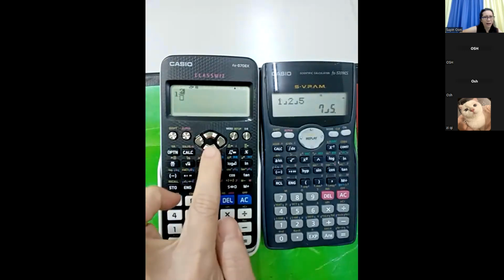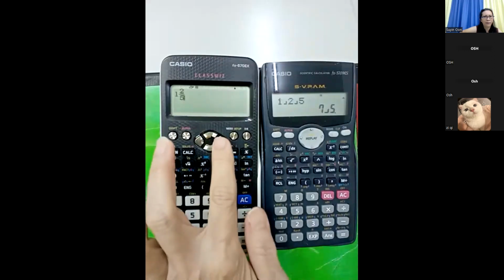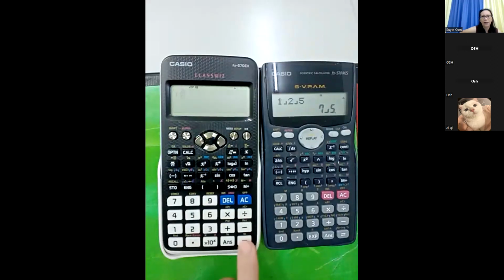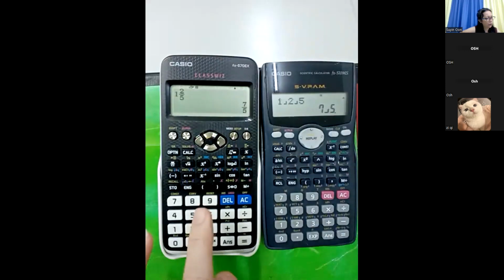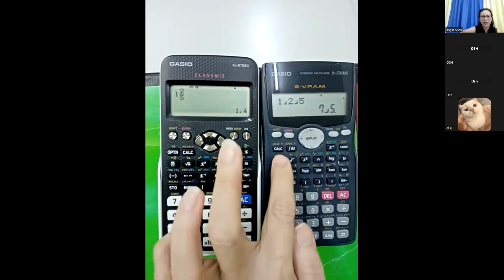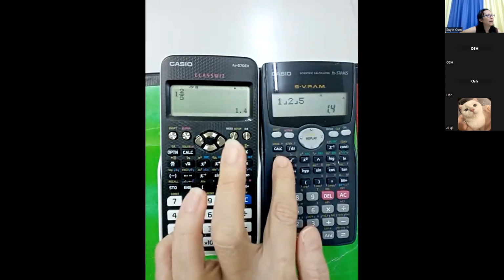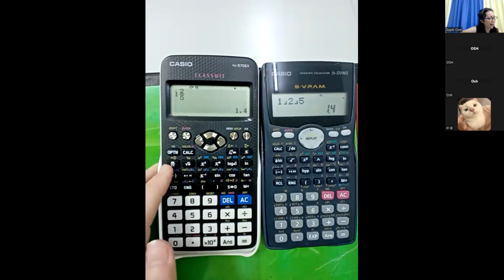Then you go to this arrow, 5, and press equal. It comes 7 per 5. Press this button, 1.4. Any button with the orange label, you press shift first.